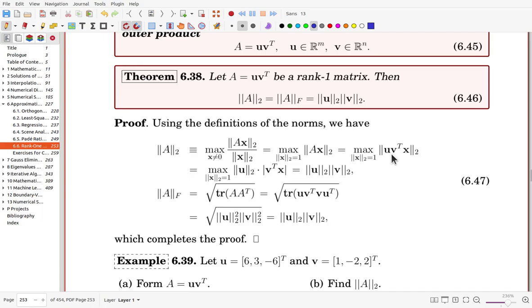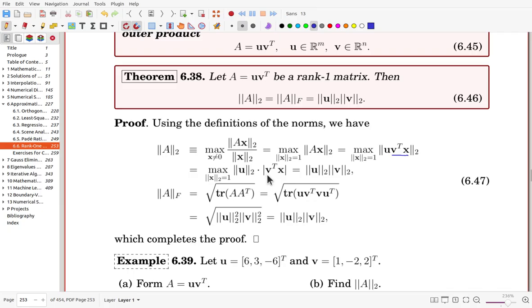Okay, if we consider this portion first, that is a scalar. It can go out with an absolute sign, and the remaining part is U, so that is the U vector 2 norm.